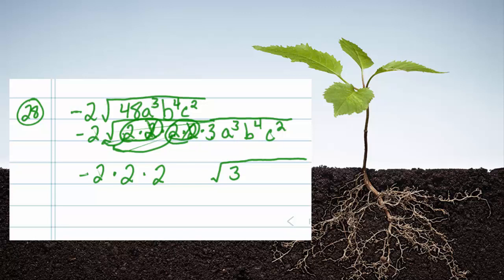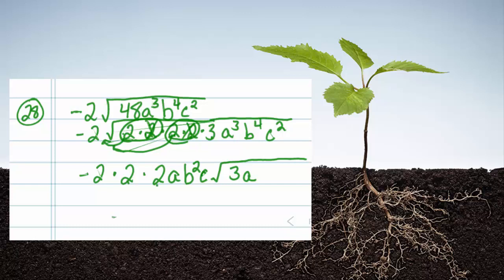My a to the 3rd power, if I take the root of that, that means I'm going to divide the 3 by 2. 3 divided by 2 is 1, so that will leave me a to the 1st power with a remainder of 1a, which will stay inside the radicand. B to the 4th power, 4 divided by 2 is 2, so that will leave me with b squared. C to the 2nd power, 2 divided by 2 is 1, so that leaves me c all by itself.